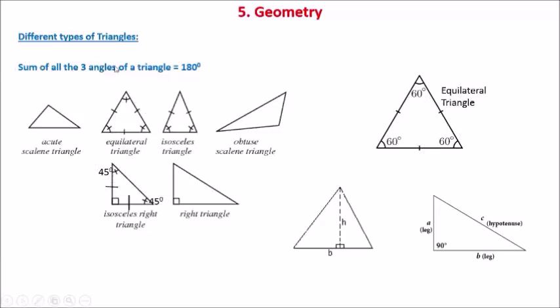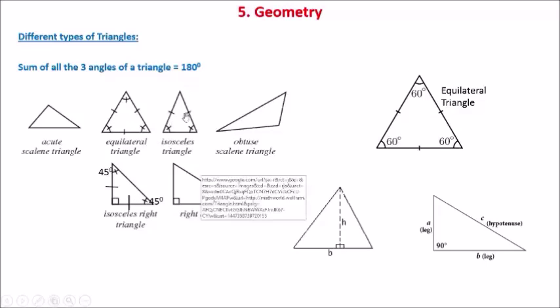And one important property you need to remember for the triangle: the sum of all three angles equals exactly 180 degrees, okay? So in the equilateral triangle, because all three add up to 180, each angle has to be exactly 60. All three angles are equal, so each one is 60. All three sides are equal. That's called an equilateral triangle, okay?